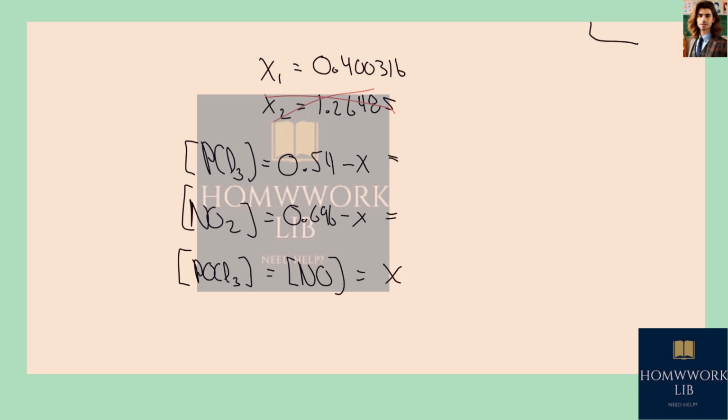Here, we're going to round our value as 0.40 directly in order to perform our calculations. So we end up with 0.14 molar of PCl3, 0.296 molar of NO2, and 0.40 molar of the other two compounds.